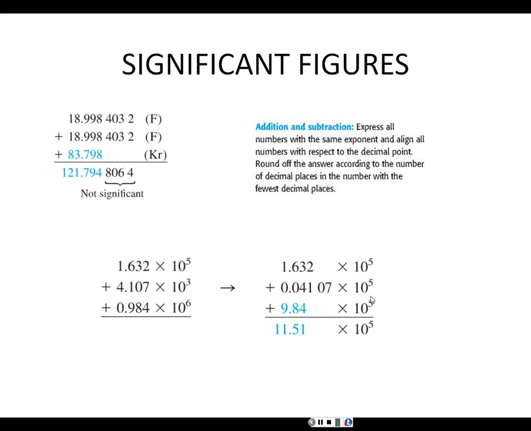But in fact, when you put them in the same exponent, you can see significantly different numbers of decimal places. So you have to first convert so that they're all to the same number of exponents, and then look at the decimal places. Again, so in this case, the 9.84 is what's going to limit the number of significant figures in the answer. You would get an incorrect answer if you used it with differing exponents.